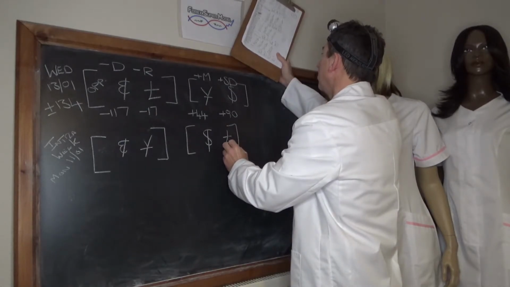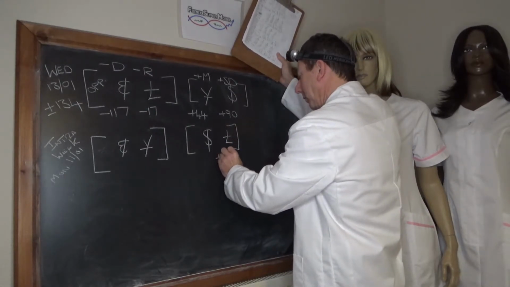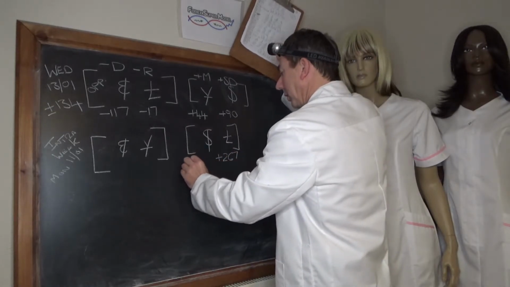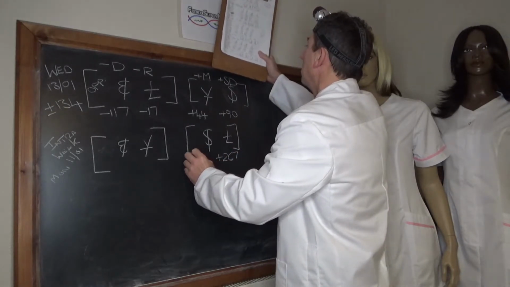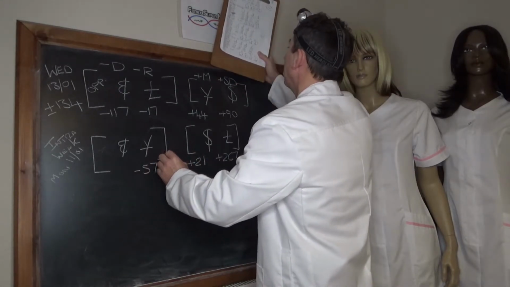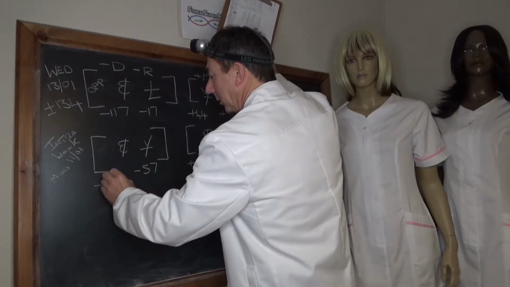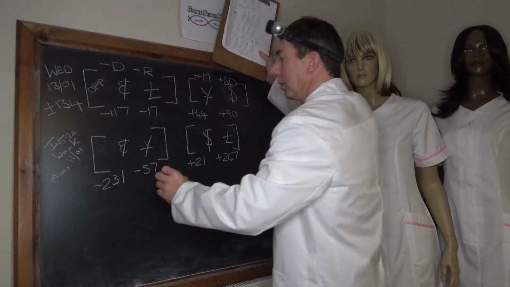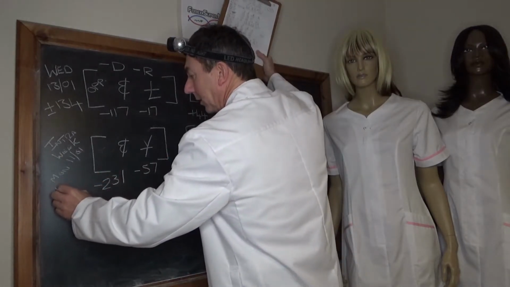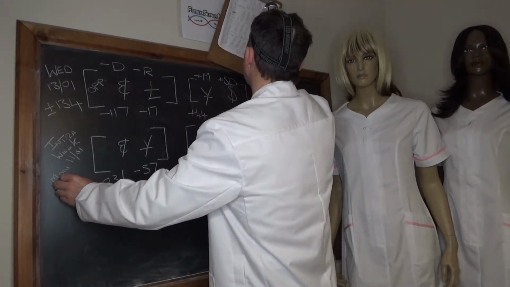Right, plus 267 for the pound, plus 21 for the dollar, minus 57 for the yen, and minus 231 for the euro, and that was on activity of plus or minus 288.